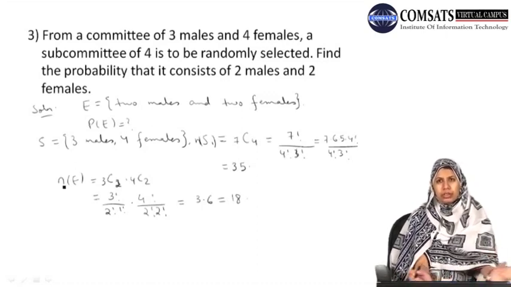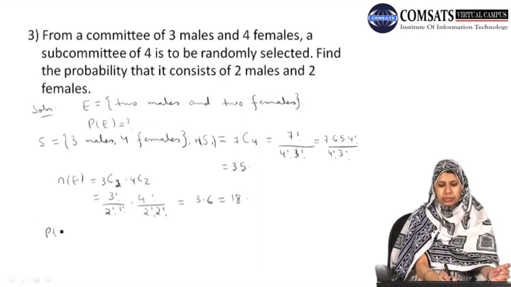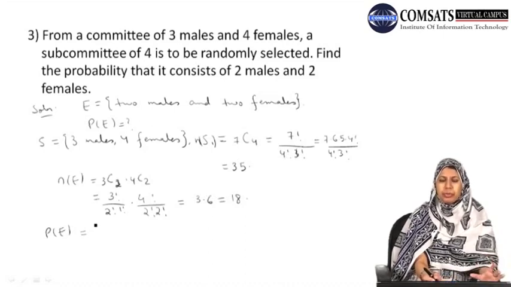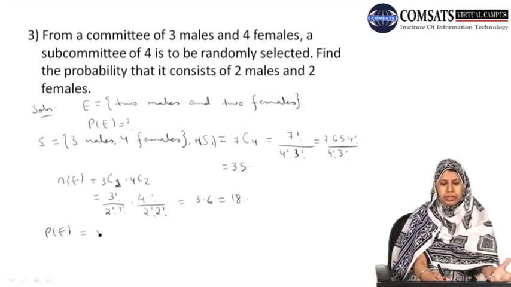And now we know all the required information, so we can easily find the probability of this event. The probability that the subcommittee has 2 males and 2 females selected randomly is nothing but the ratio of the size of the event to the size of our sample space, which is 18 by 35.